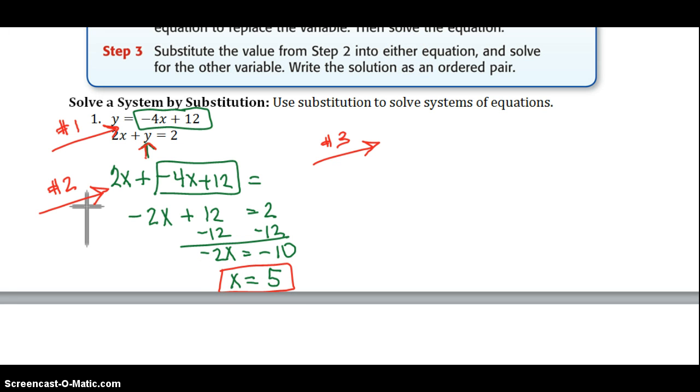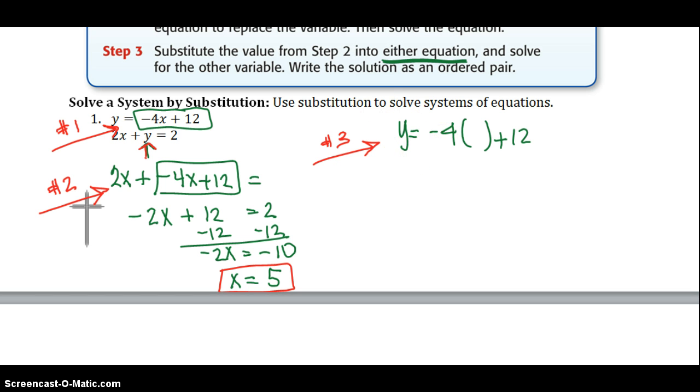So I'm going to take x equals 5 and enter it into either equation. It does not matter which equation. I'm going to pick the first one, because it already has the y isolated, and y is what I'm looking for. I now know x. I need to find y to know the point where the two lines intersect.